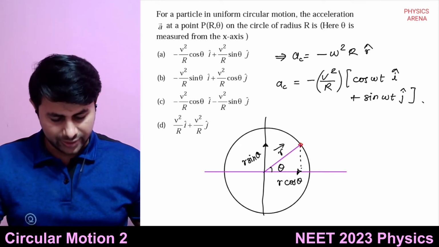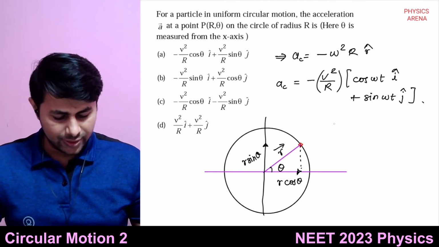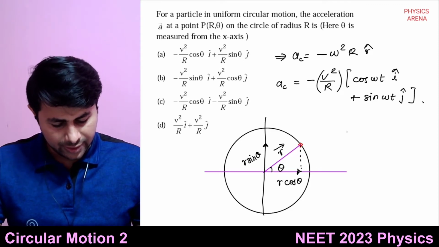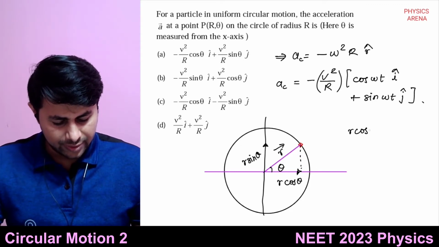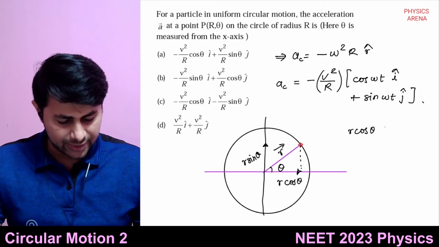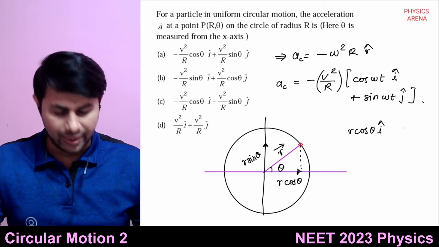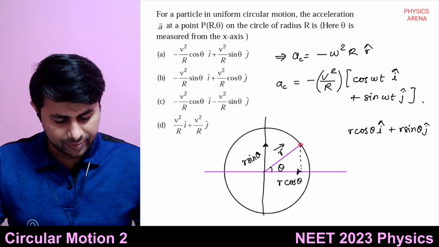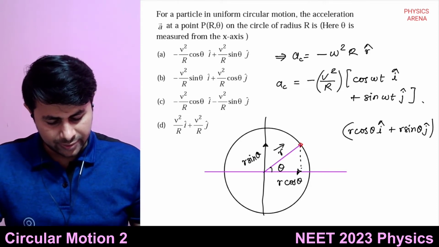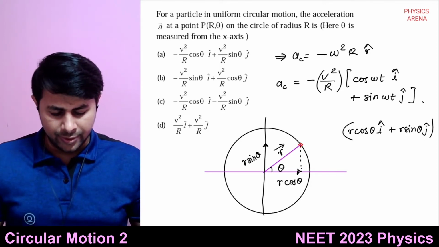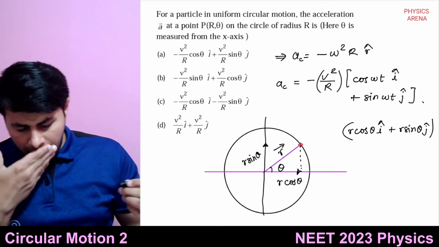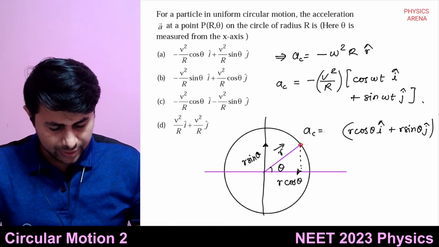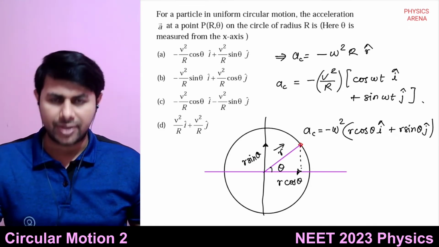We have seen this. So R bar can be written as R cos theta multiplied with i cap plus R sin theta multiplied with j cap. Acceleration is minus omega square multiplied with r bar.